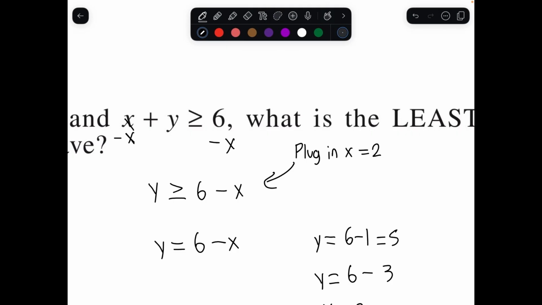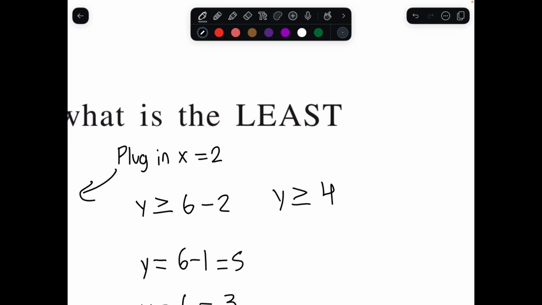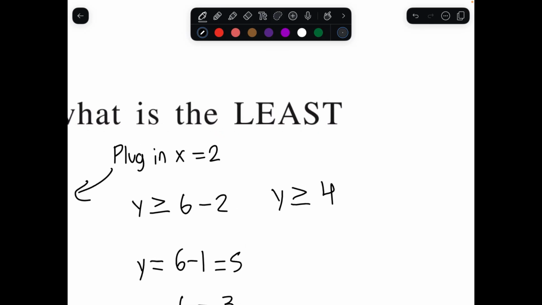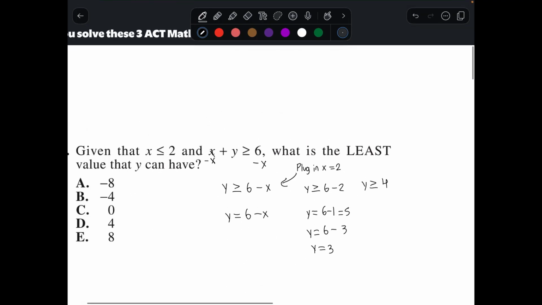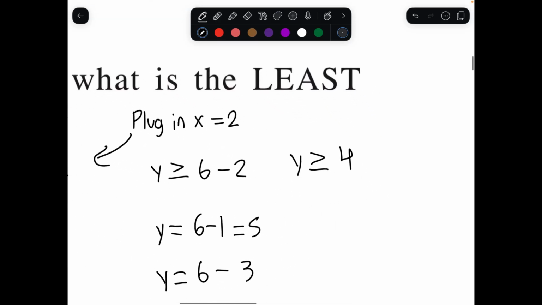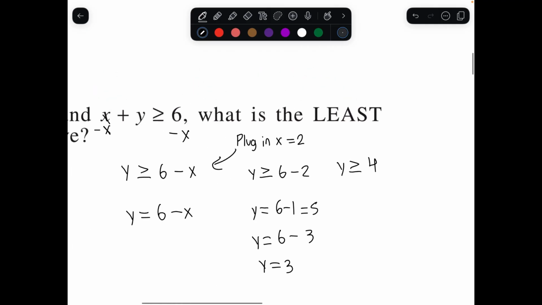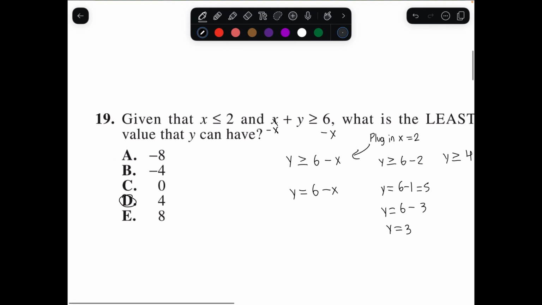You get y is greater than or equal to 6 minus 2, which gets you y is greater than or equal to 4. So these are your possible values for y. It could be 4 or anything greater. And since we want the least possible value for y, obviously 4 is the least value that y can be.